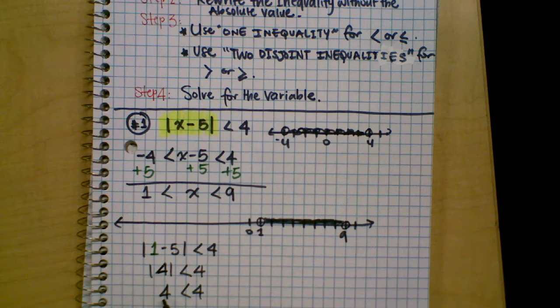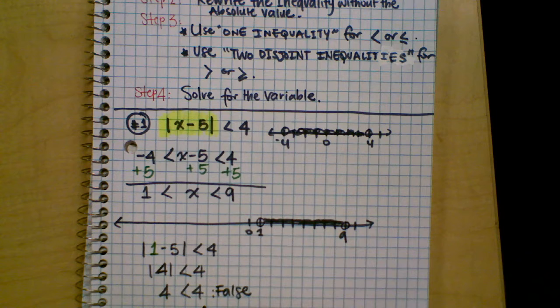So now let's read this inequality. Is 4 less than 4? No, right? 4 is not less than 4. It's equal to itself, to 4. So this is not true. It's false. That's why 1 is not a solution to this inequality. That's why you have an open dot at 1, and it's going to be the same for 9.